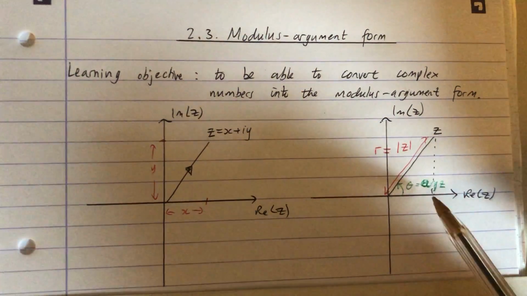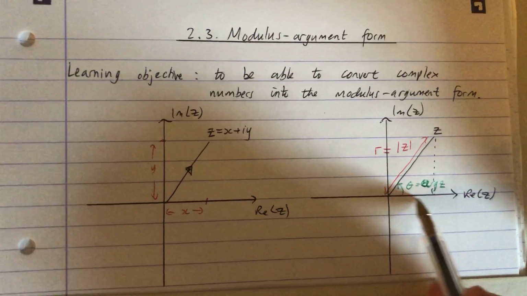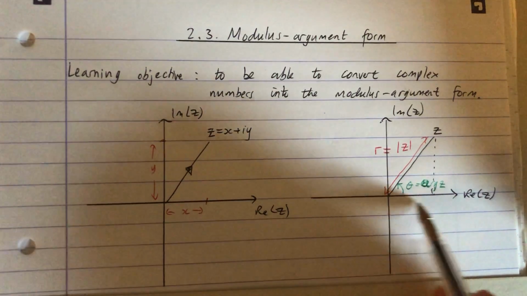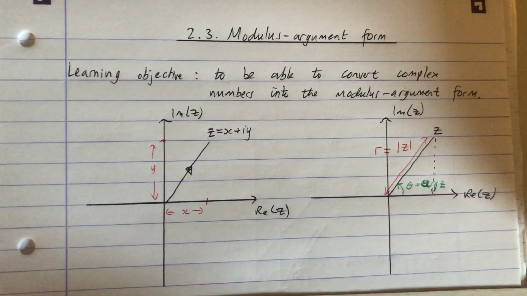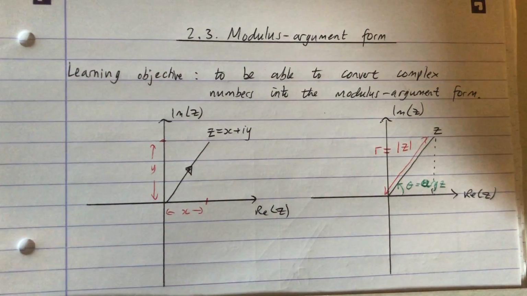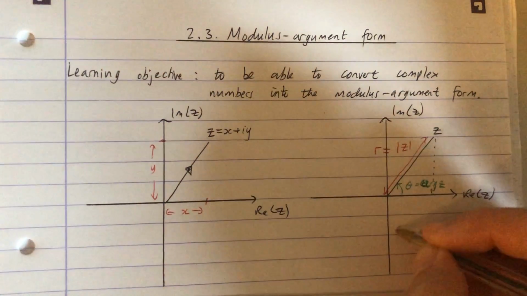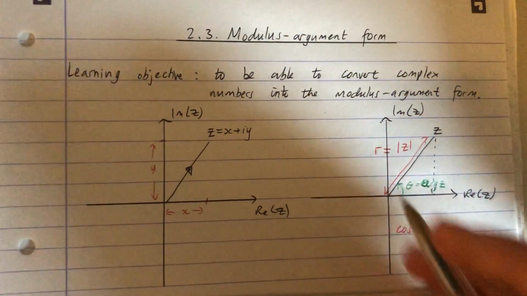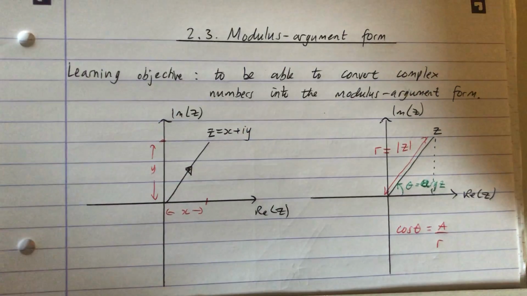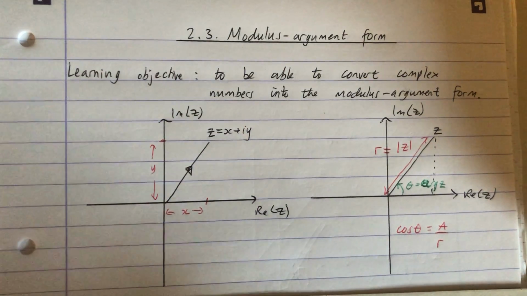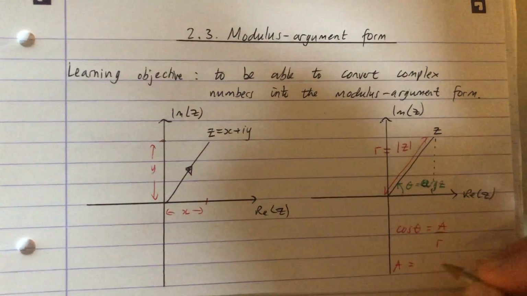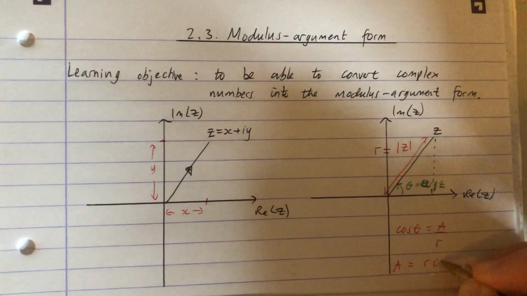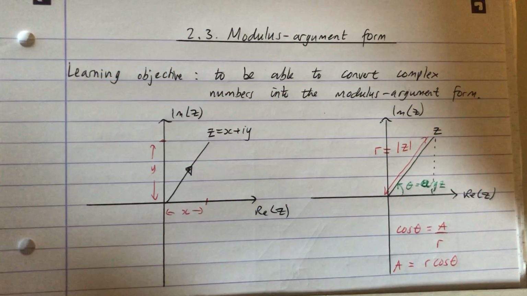So on this right angle triangle, let's suppose I wanted to work out the adjacent side. If I did that, I would have cos theta equals the adjacent over hypotenuse, which is the letter r. To give me the adjacent is r times cos theta.